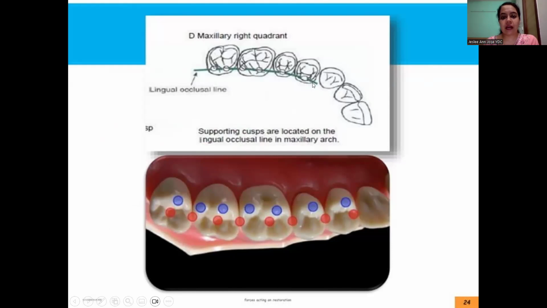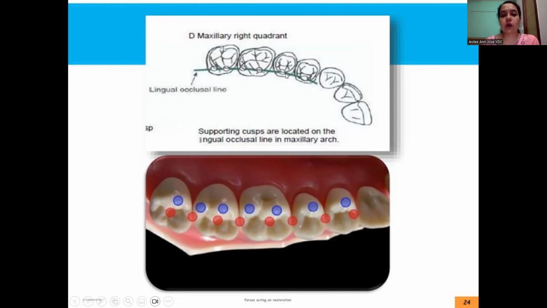In the maxillary arch, it is the palatal surface that comes into contact with the mandibular teeth while in occlusion. So it is the palatal cusps of the premolars and the mesiopalatal and distopalatal cusps of the first and second molars that occlude while in contact.